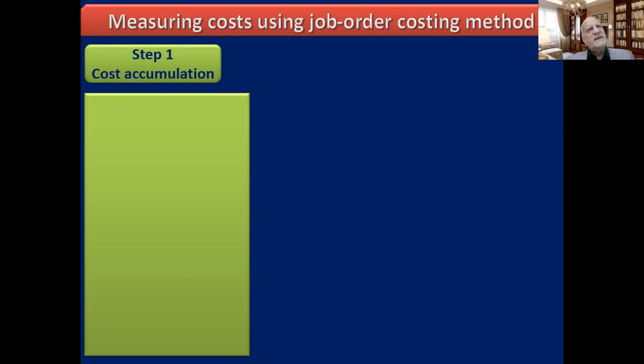You have first to accumulate the manufacturing costs of the company. When you accumulate manufacturing costs, you will find that these cost items are divided into three groups.